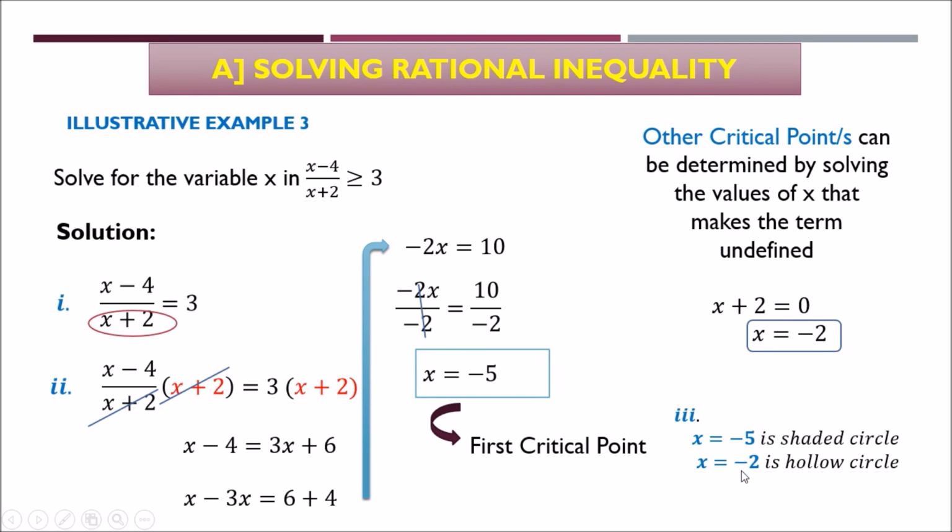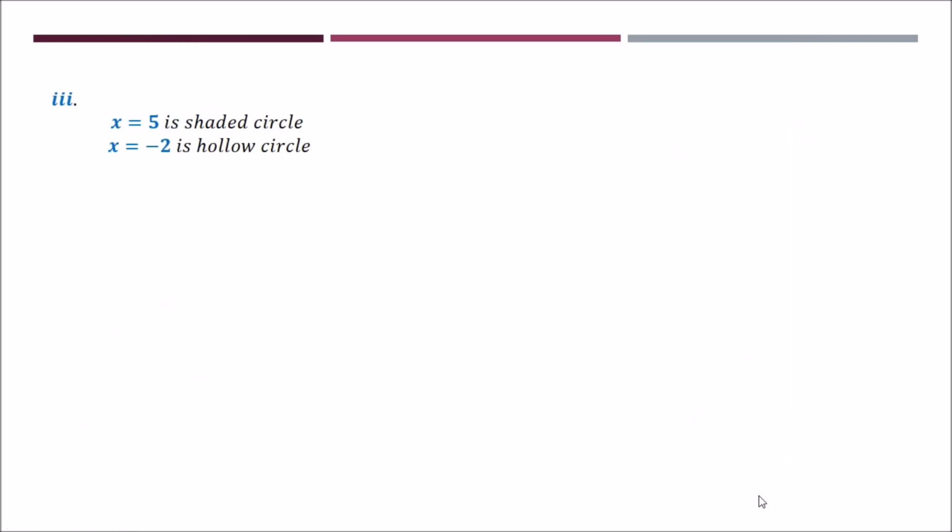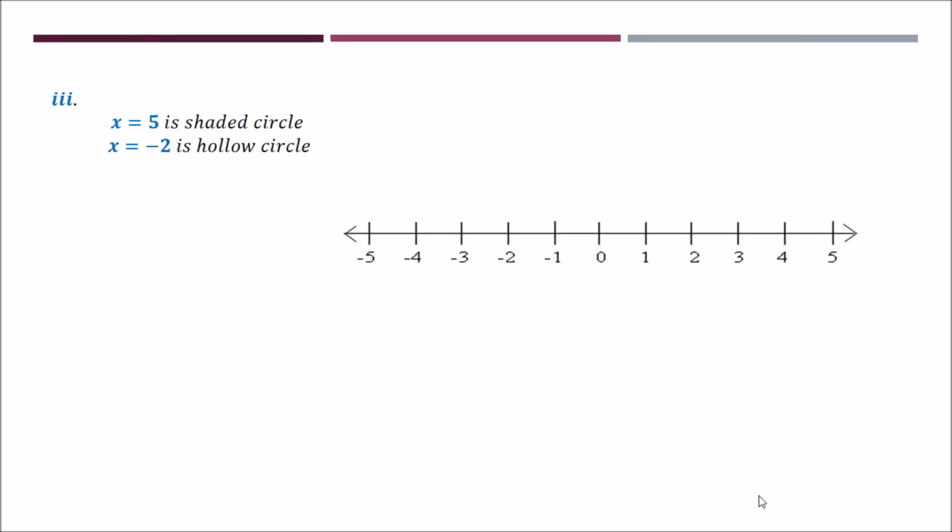Then x equals negative 2 is a hollow circle, since negative 2 will make the inequality undefined. So meaning negative 2 is not included in the solution. So to give the graphical representation for that, negative 5 is shaded and negative 2 is a hollow circle. And these are our critical points.